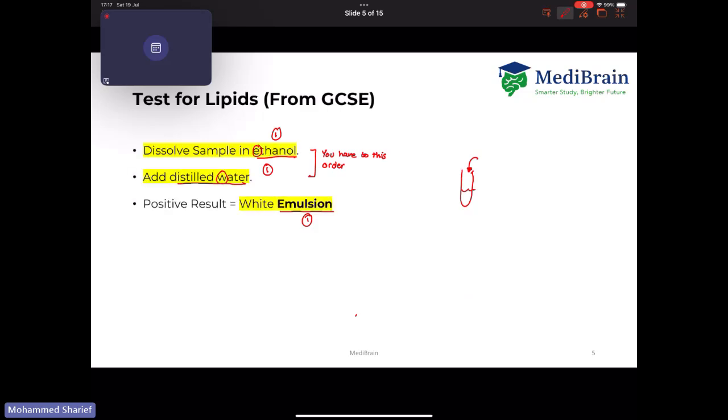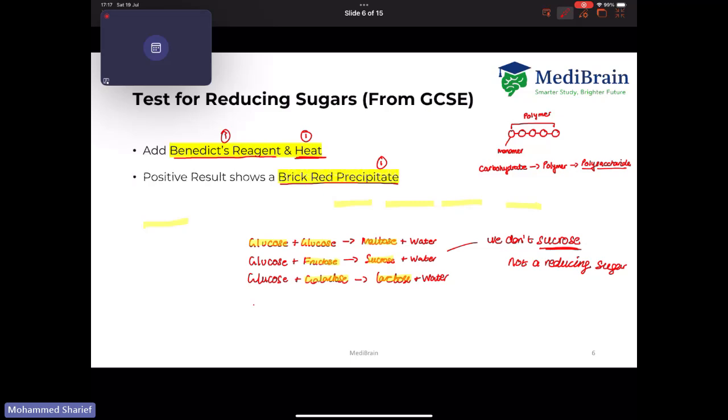Lipids: add ethanol, then water, and you will receive a white emulsion for a positive result. And then reducing sugars: add Benedict's and heat. A brick red precipitate will form for a positive result. Examples of reducing sugars include glucose, fructose, galactose, lactose, and maltose.